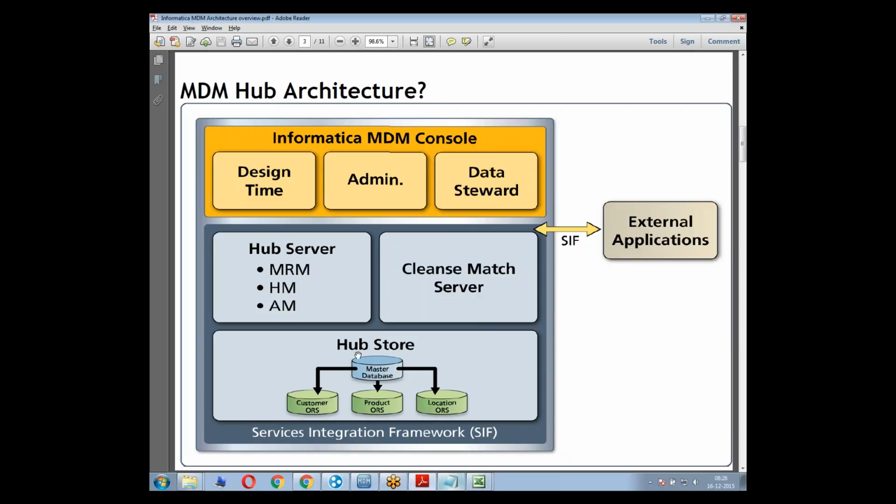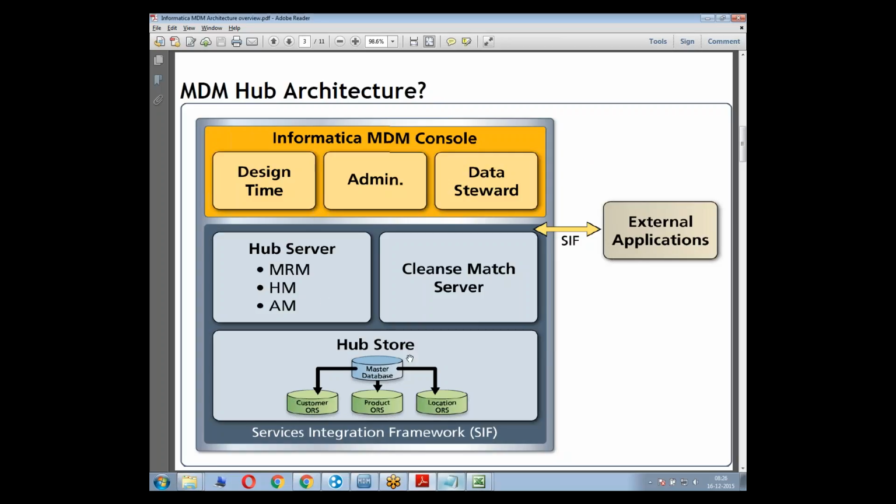What are the three tiers? The lowest, the first tier, is the database tier, also called the hub store. This is the second tier, and this is the third tier, the topmost tier, that is the hub console.